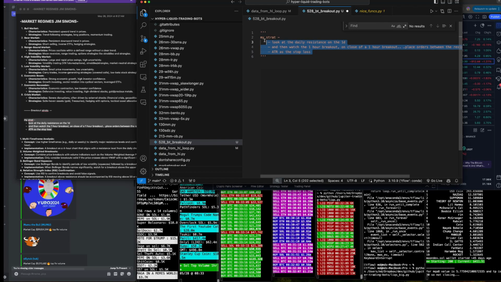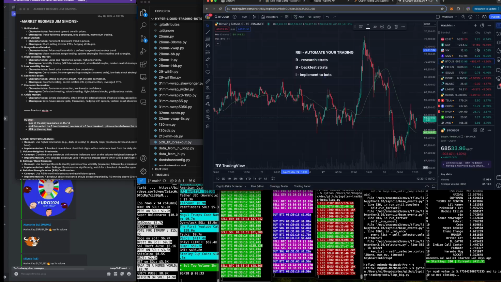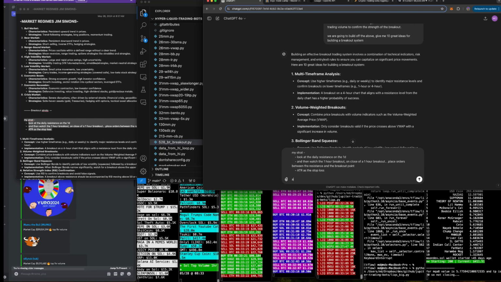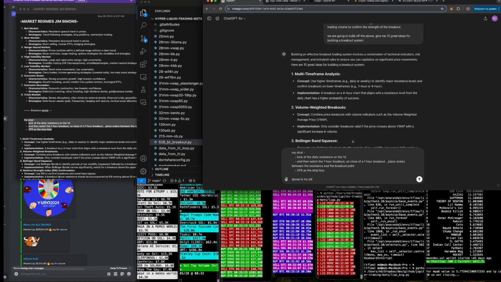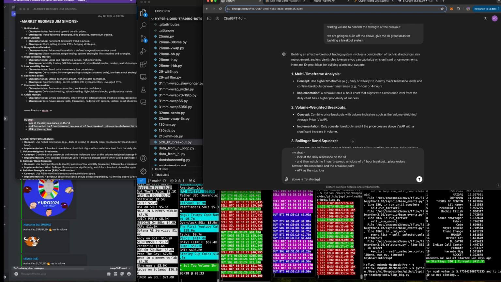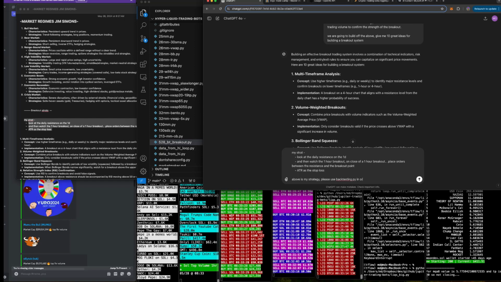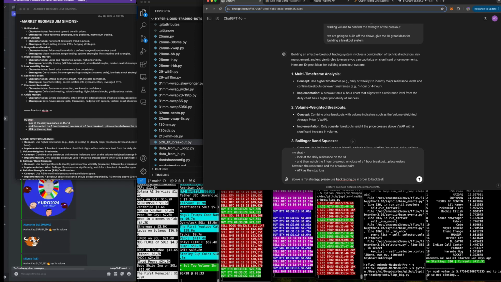So this is the strat, okay? And now we have AI, so it's super chill. This is my strategy. Above is my strategy. Please use backtesting.py in order to backtest it.